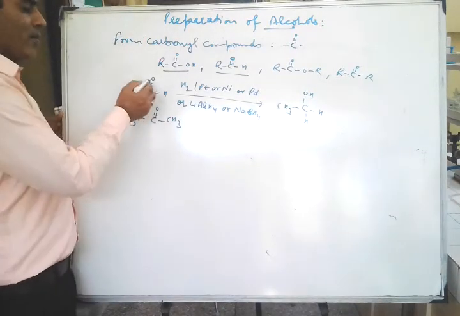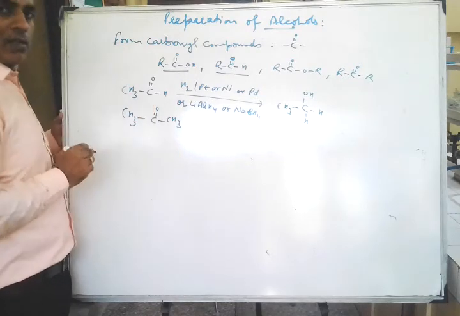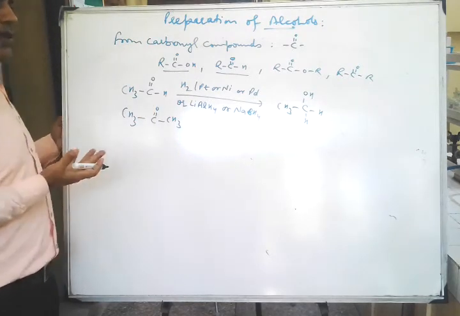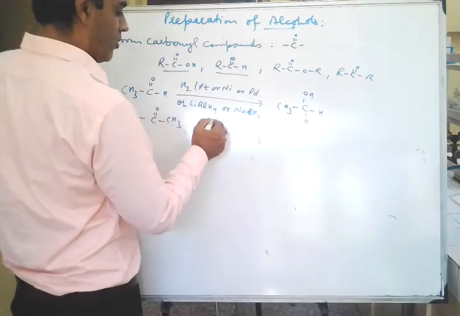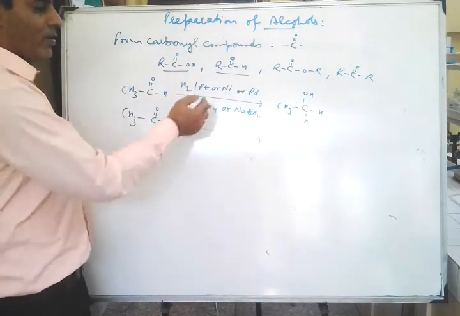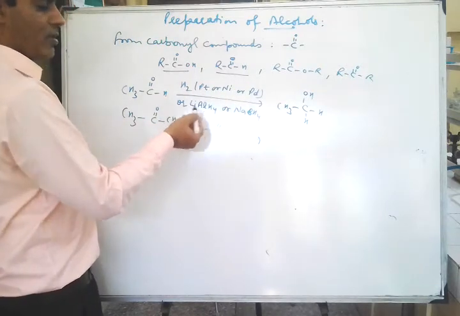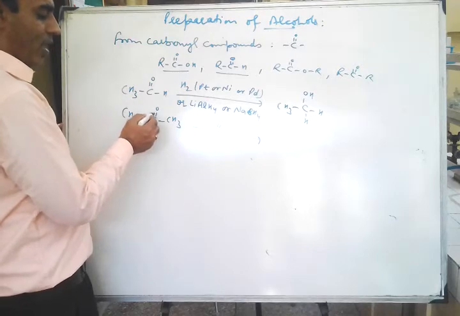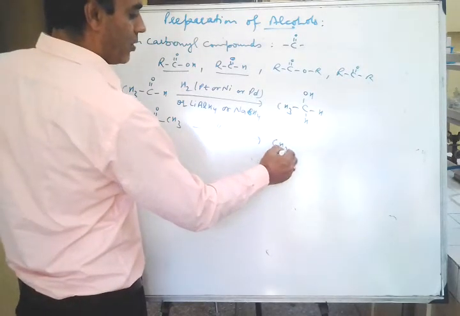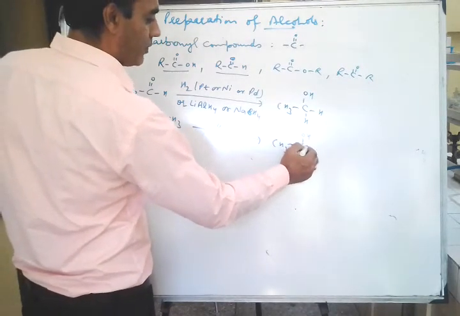And when we add hydrogen here and here, we will remove the double bond, because carbon cannot make more than 4 bonds. So again here, you can use either hydrogen in the presence of any catalyst, or you can use lithium aluminum hydride or sodium borohydride. So what will happen? Add H here and here. So you will get secondary alcohol here.